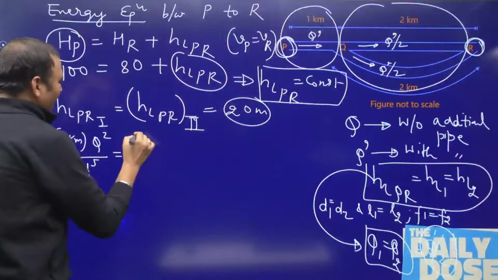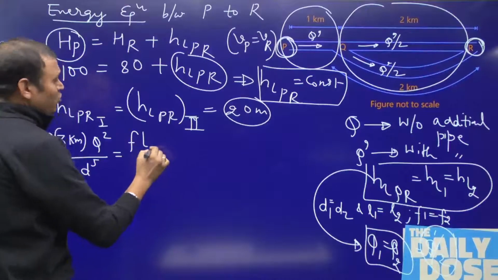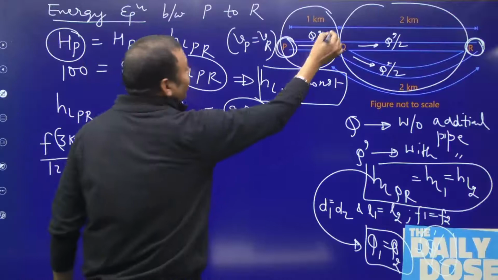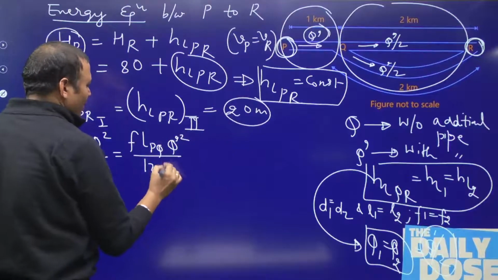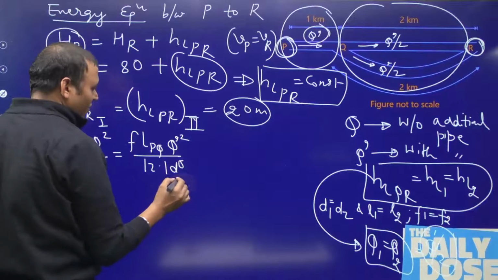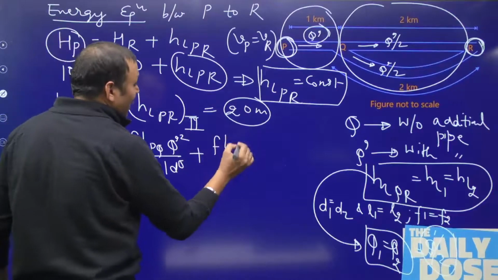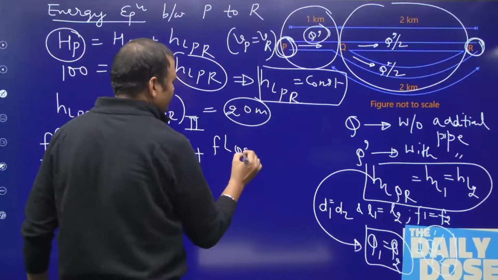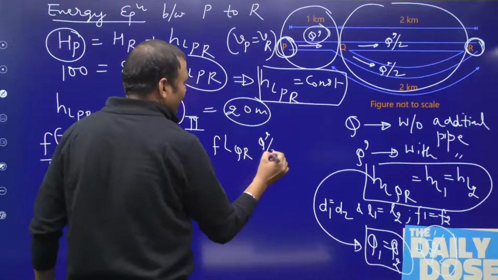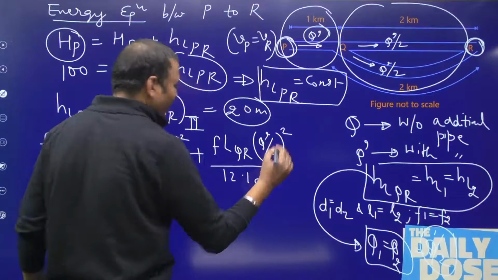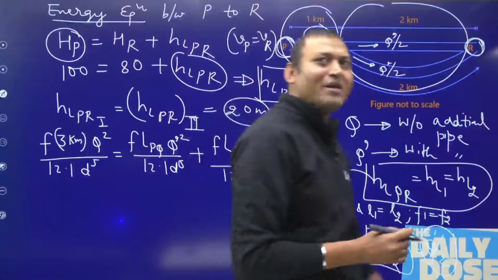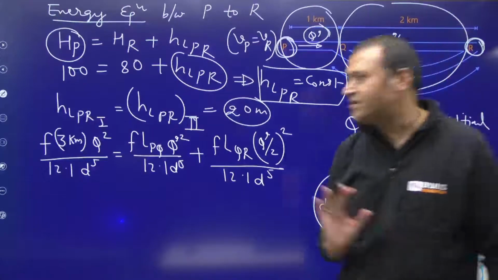So F, the length between P to Q, and the discharge in P to Q is Q dash, upon 12.1 D to the power 5, plus F, the length between Q to R, into Q dash by 2 square upon 12.1 D to the power 5. Diameter of each and every pipe will be the same. I hope this is clear.